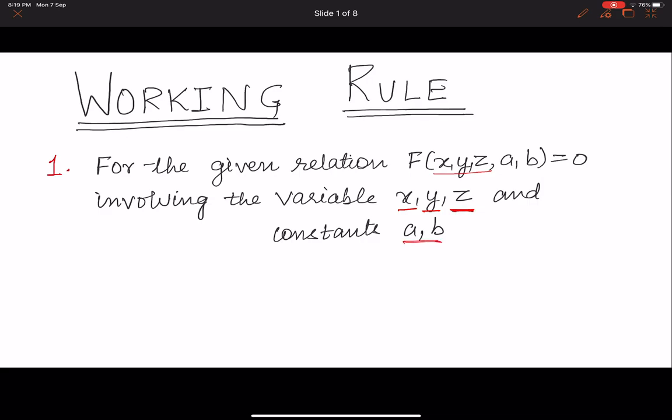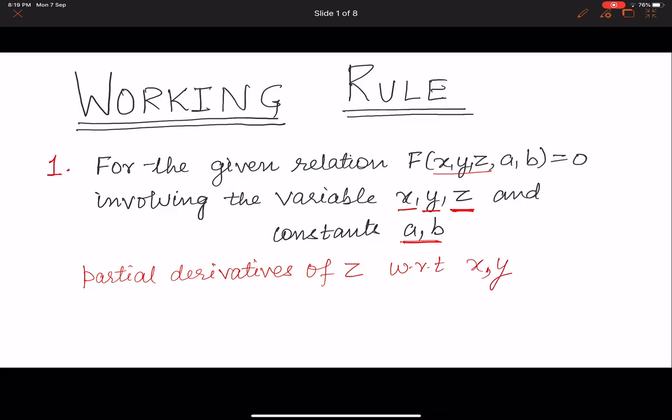And we have the arbitrary constants, say a and b in this case. First step is to find the partial derivatives of z with respect to x and y.